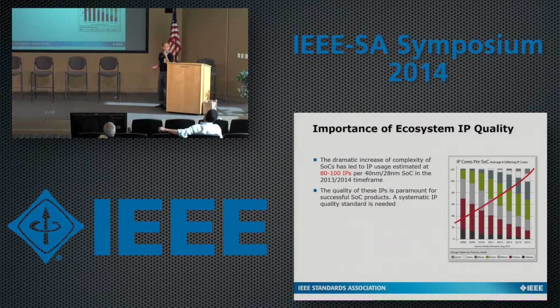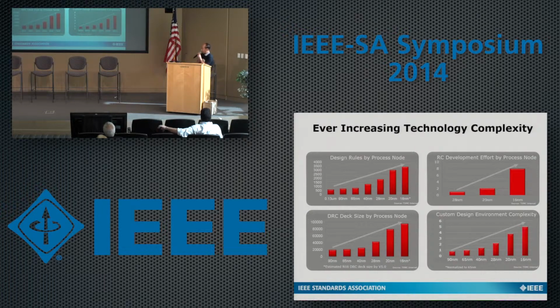So that's a lot of work, a lot of effort. And the quality of these IPs is paramount to the SoC. If any one of them fails, then you don't get the chip to work and you have to do a respin. So this chart shows just how much different IP is used in each SoC, starting way back and now in this time frame, we're talking about 80 or so IPs per SoC.